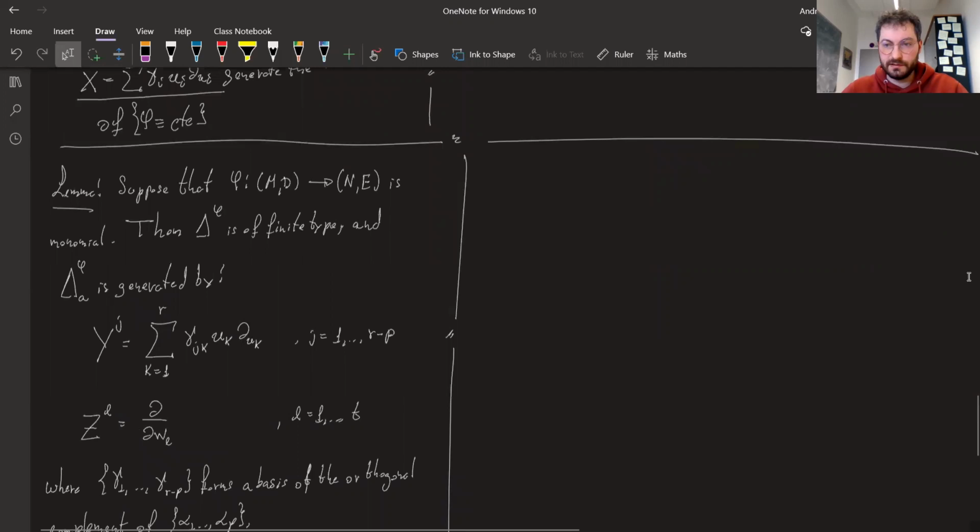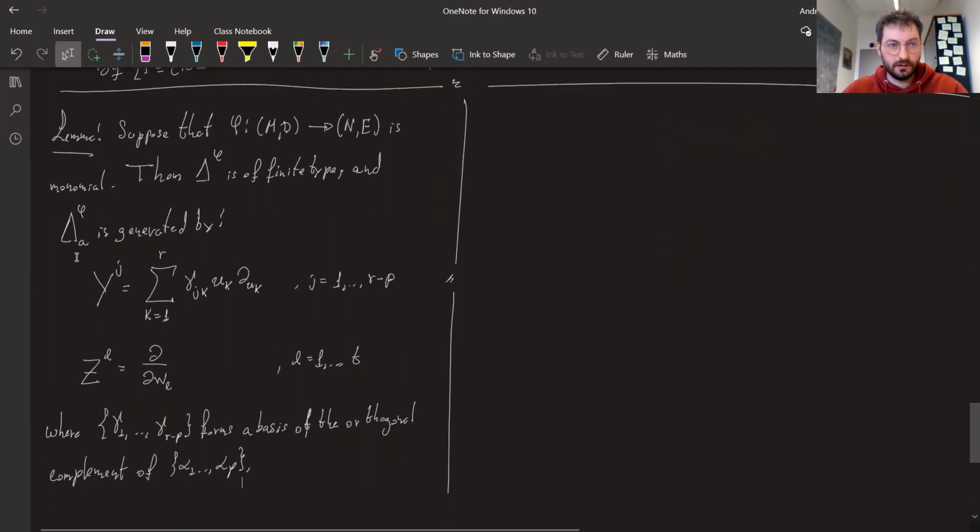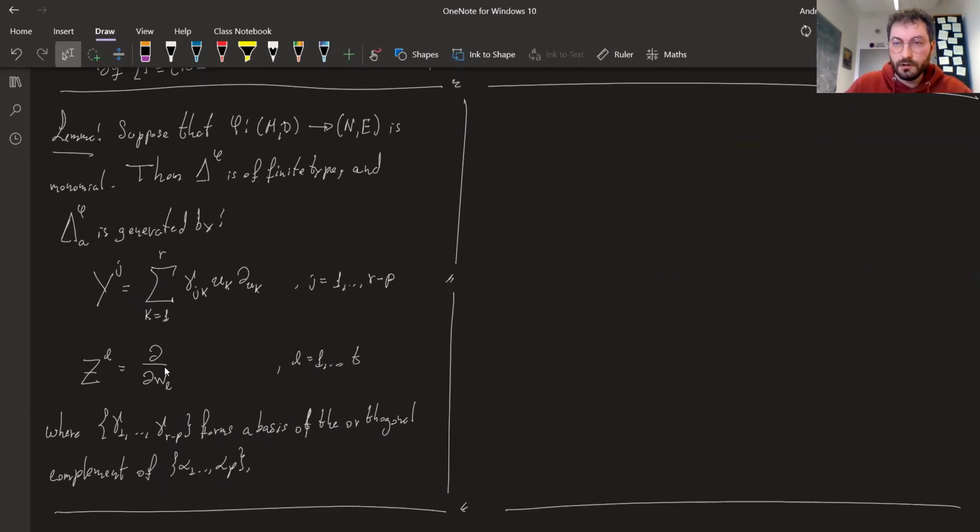You can always take this sheaf as locally generated by vector fields of this form, linear in the U variables and regular in the W variables. So this means that the level sets are really rigid, are very special foliations.